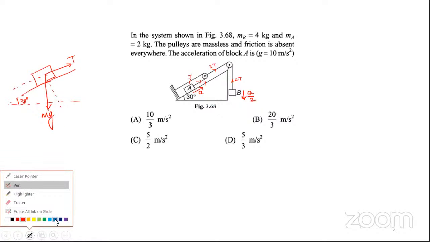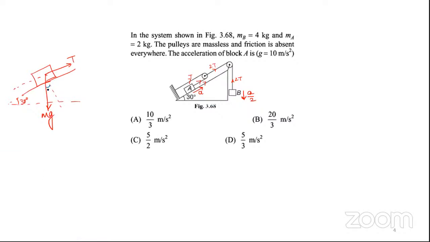This becomes mg cos 30 and this becomes mg sin 30. So we have the equation for it as T minus mg sin 30 equals ma.